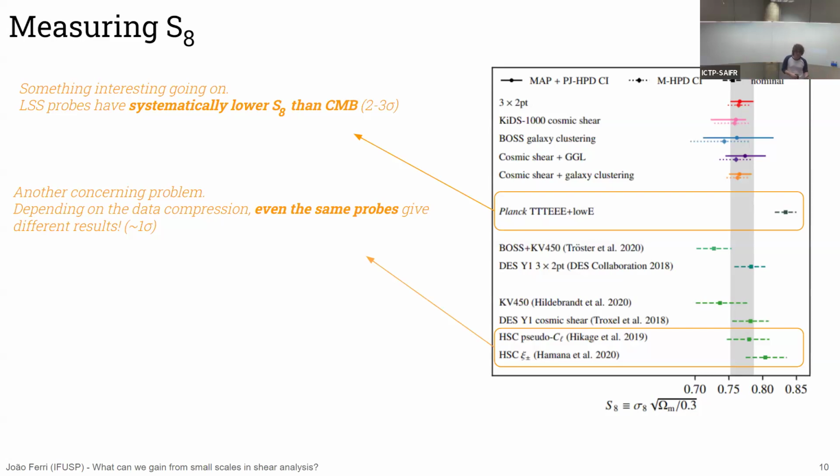You should expect that whether you compress in real space or Fourier space should make no difference. And you're seeing an incompatibility of 1 sigma. So let's try to understand this, and then we move on to the S8 tension with Planck.